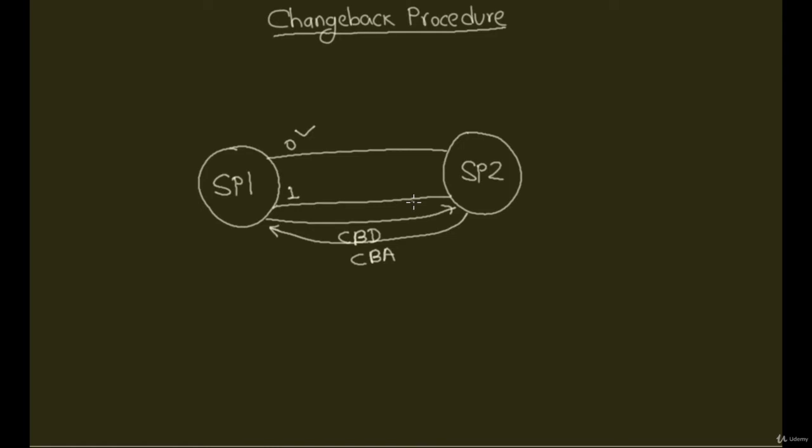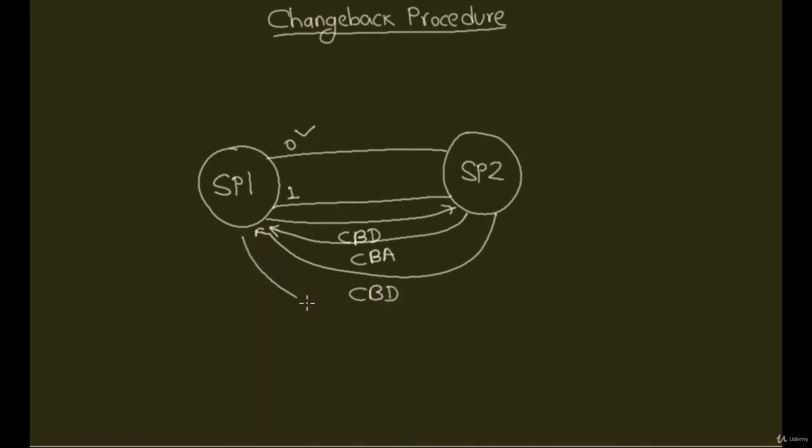Another difference is that when the changeback declaration is received from SP1, SP2 has to initiate its own changeback procedure because SP2 is also sending traffic. So after receiving the changeback declaration, it will also send a changeback declaration back to SP1.